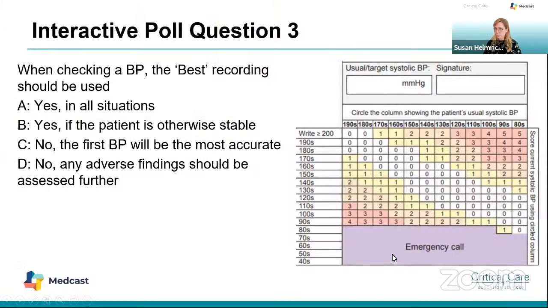Let's open that back up. All right, so when checking a blood pressure, the best recording should be used. If you can just put in your answers there for what you think is correct. A lot of you have gone in straight away.